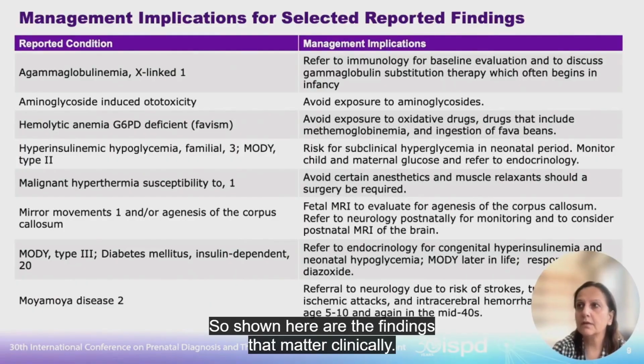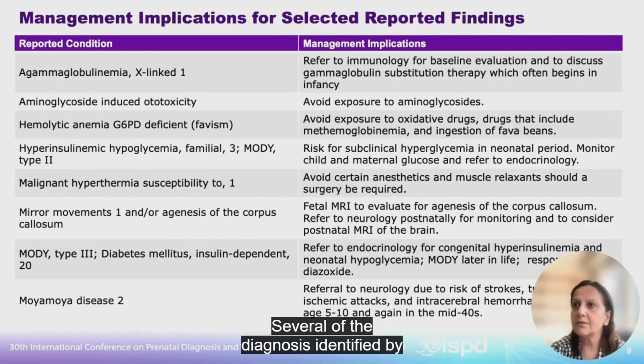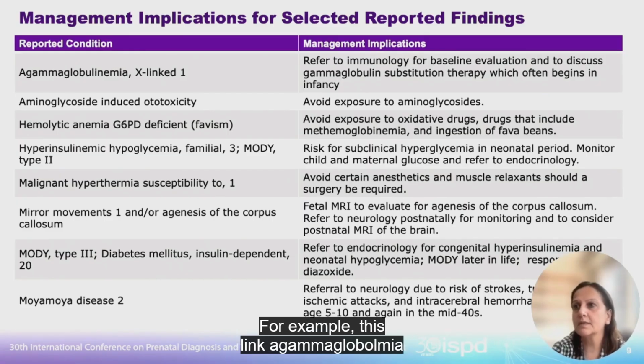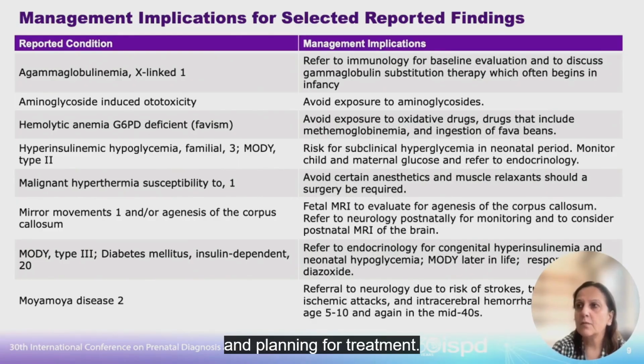So shown here are the findings that matter clinically. Several of the diagnoses identified by this testing had clear implications for neonatal or childhood management. For example, X-linked agammaglobulinemia can prompt early immunology referral and planning for treatment, while the mitochondrial RNR1-related aminoglycoside sensitivity can change the medication choices.